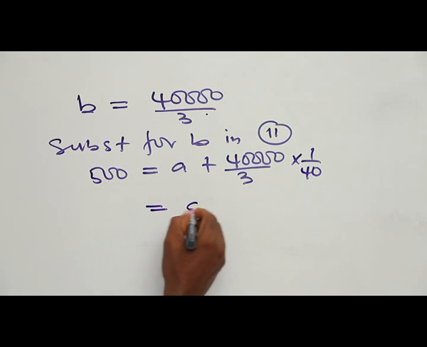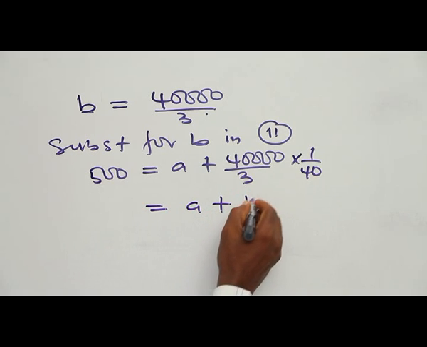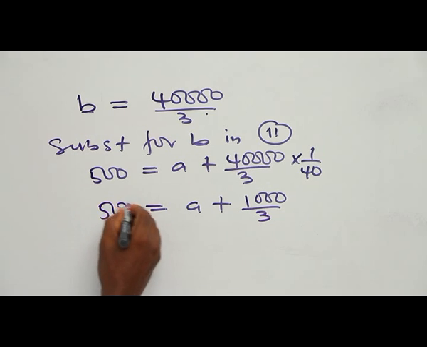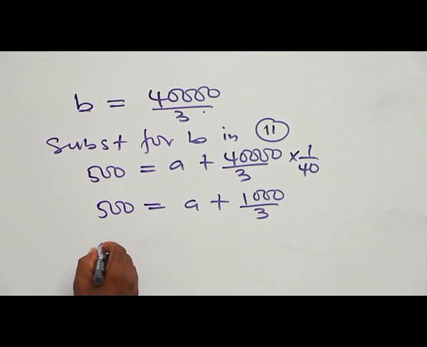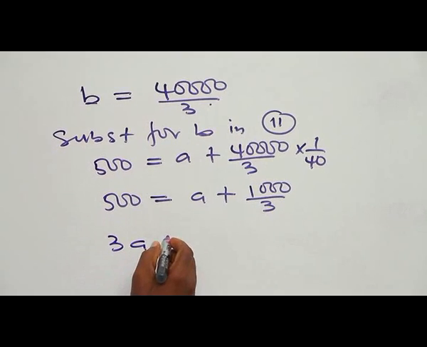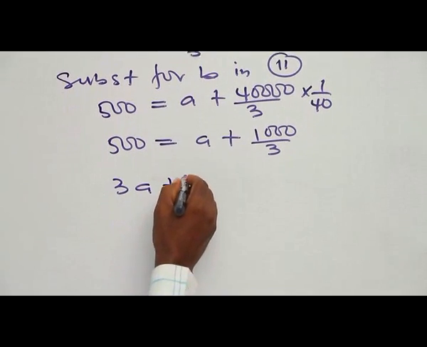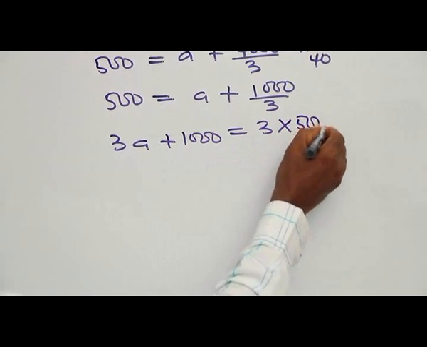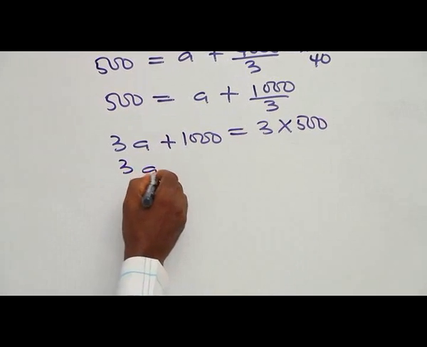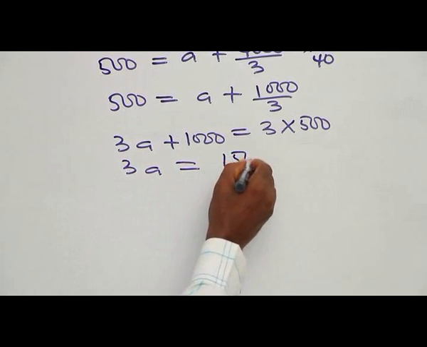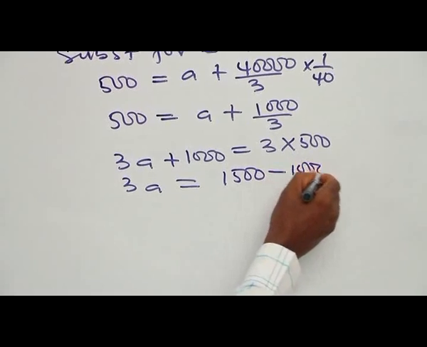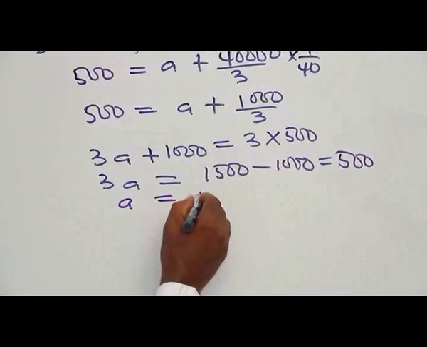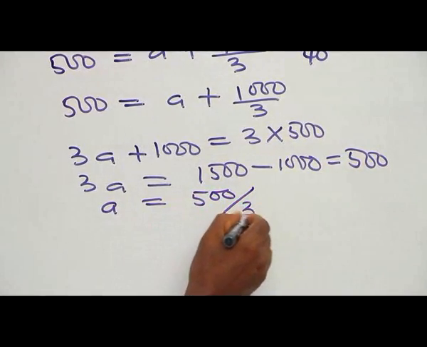So that will give you A plus 1000 over 3, and eventually that will give you 3A plus 1000 equal to 3 times 500. And your 3A is equal to 1500 minus 1000, and that will give you 500. So your A here is 500 over 3.